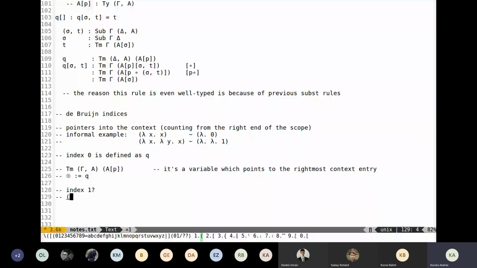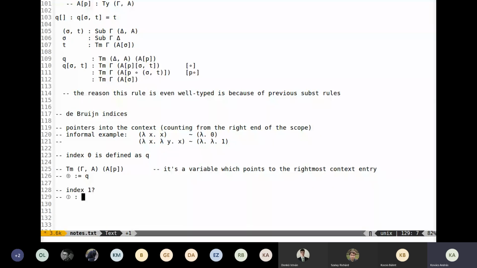I claim that what we want is that in any context which is extended twice, we want to have a variable which points to A. So we want to skip over B and just point to A. But now A lives in gamma, and we want to have something in gamma, comma A, comma B. So we have to use P twice.